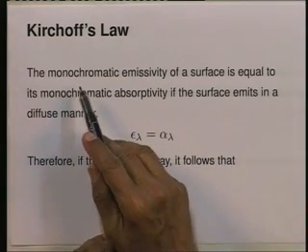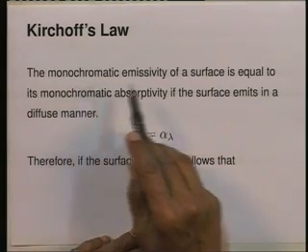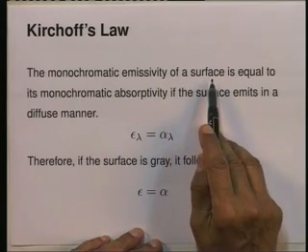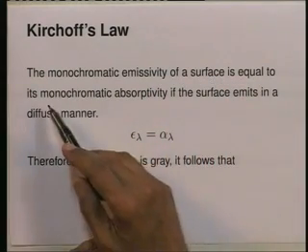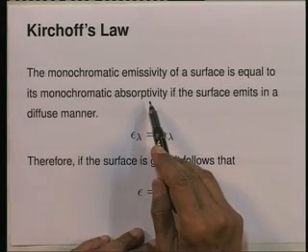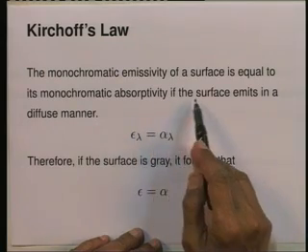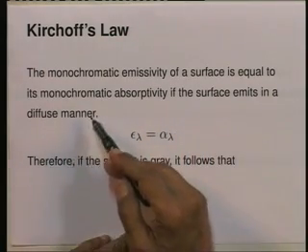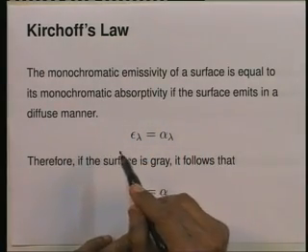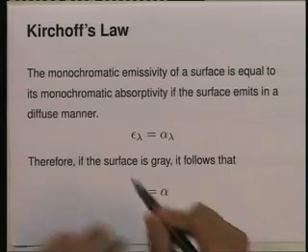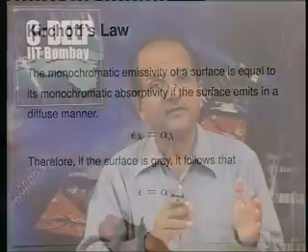Kirchoff's law states that the monochromatic emissivity of a surface is equal to its monochromatic absorptivity if the surface emits in a diffuse manner. Kirchoff's law is a very powerful statement relating the emission characteristics of a surface with the absorption characteristics of the surface.